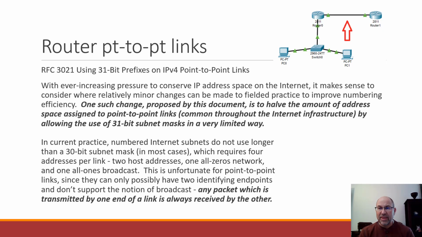As long as it's in this particular case, then yes, you can get away with it. The reason is that, as I've highlighted below, any packet which is transmitted by one end of the link is always received by the other. So there's nobody that you're going to direct this particular traffic to. What you're doing is ensuring that those 2 addresses are not really about the subnet or the broadcast, but are really about the 2 ends of the connection.